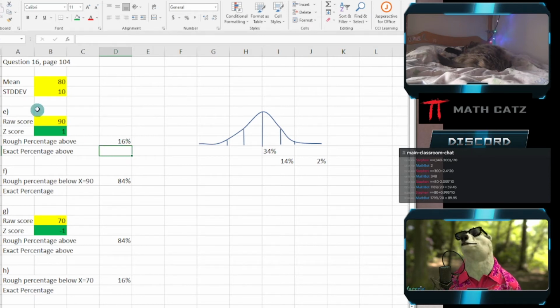So let's just remember in E, what were we looking for? Our z-score was 1, so our line is over here. We're looking for above, but we need to find the exact percentage that corresponds to that z-score of 1. The z-score is exact, it's 1.